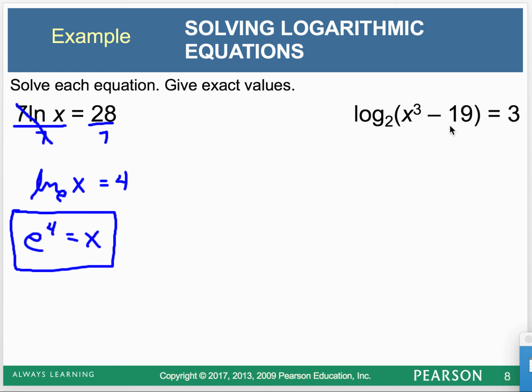Okay. This one's already set up where I just have the log of something, right? One logarithm, so change it to its exponential form. Here's your base. Here's your exponent.